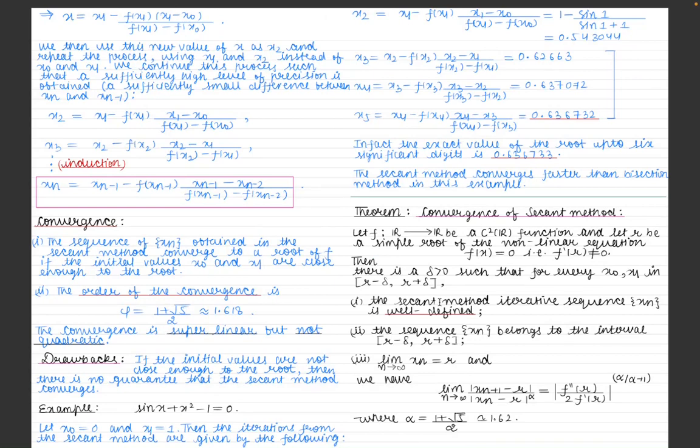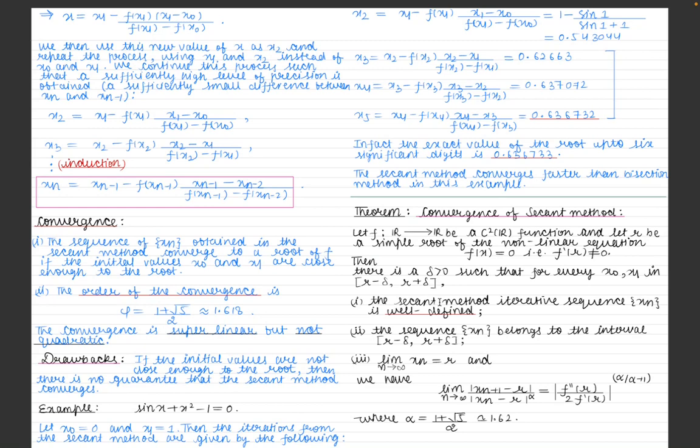Now, the big shot of today's discussion is when we discuss the convergence of the secant method. The hypothesis for this theorem is that we need a C2 function, and we find the sequence via the secant method which converges to a simple root of f.